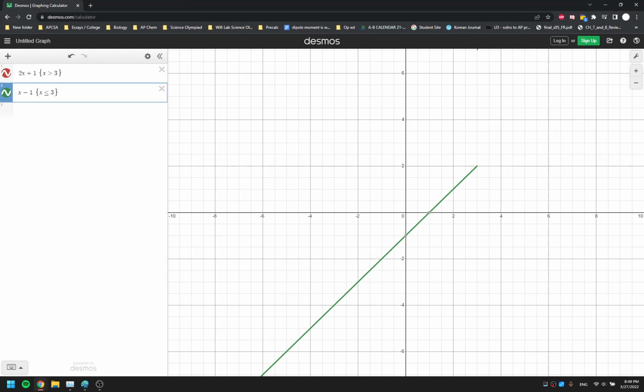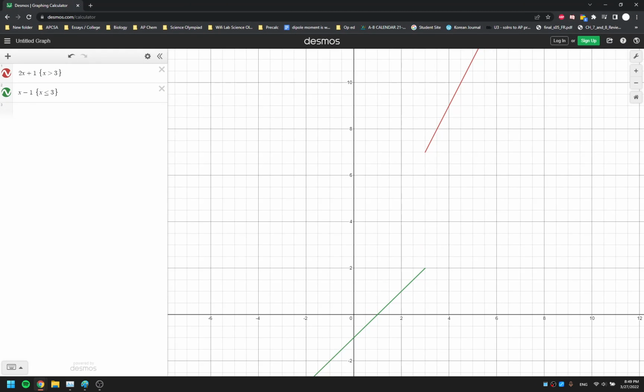As you can see, there's a jump right here. So it's a non-removable discontinuity, because it jumps, and the limits from both the left and right side are not equal.